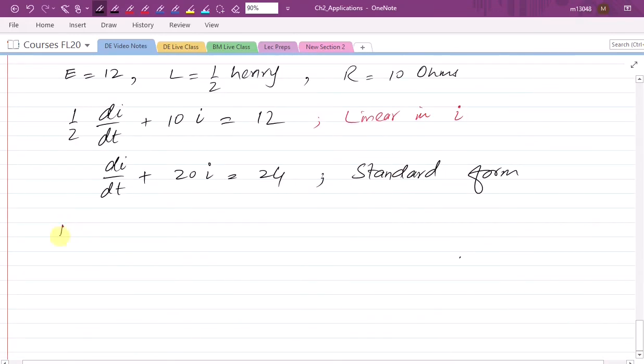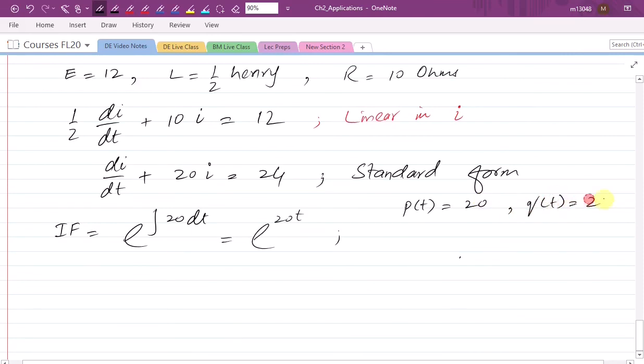So we find the integrating factor equals e power integral 20 dt, which is e power 20t, because our p of t in this standard form is 20. And q of t is 24, but we generally don't need q of t.